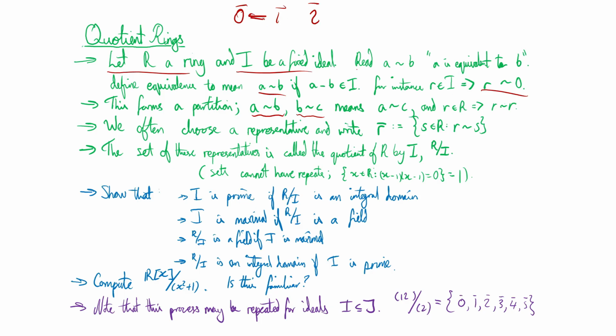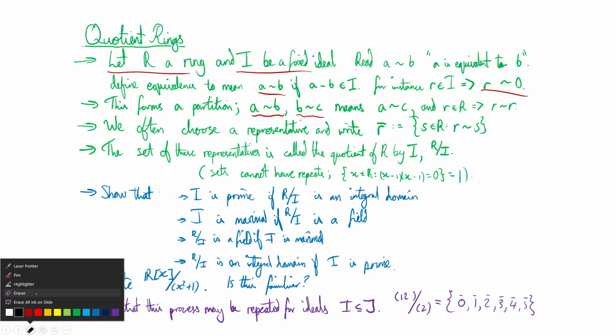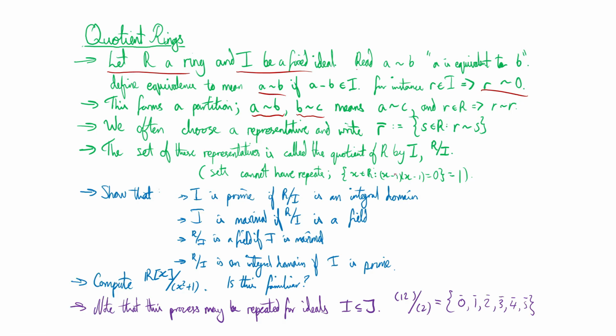These are mutually incompatible. So you can choose some representative of everything equivalent to this within the ring. And the set of those representatives is the quotient, so R over I.